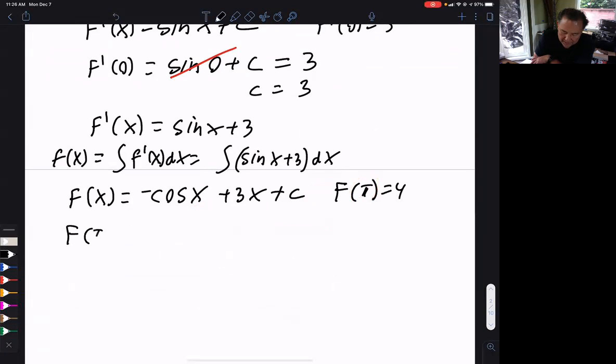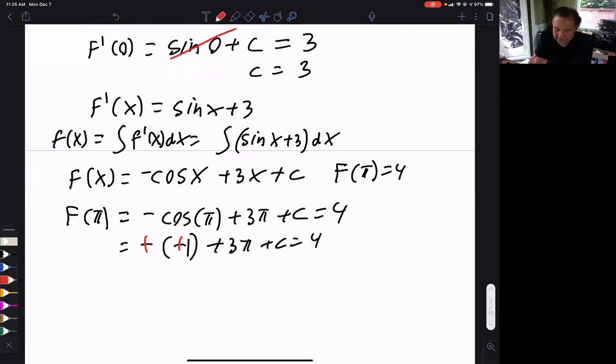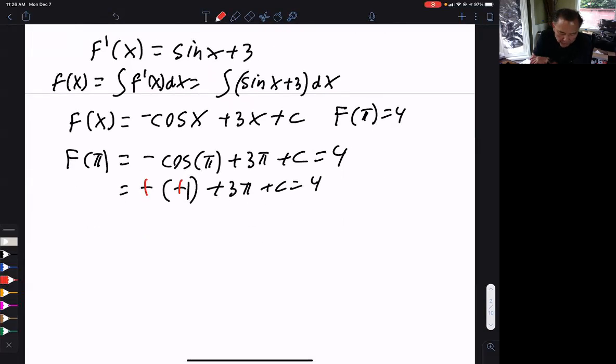So f of pi is minus cosine of pi plus 3 pi plus c better equal 4. Well, what's cosine of pi? You should all know it's -1. These negatives become plus. Let me subtract 1 from both sides.